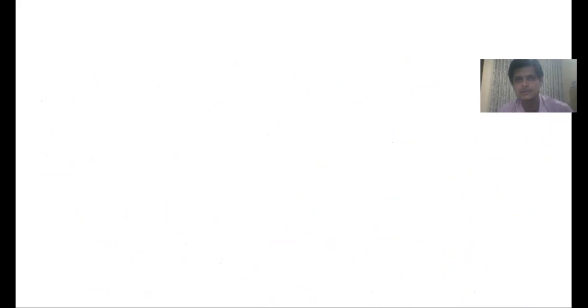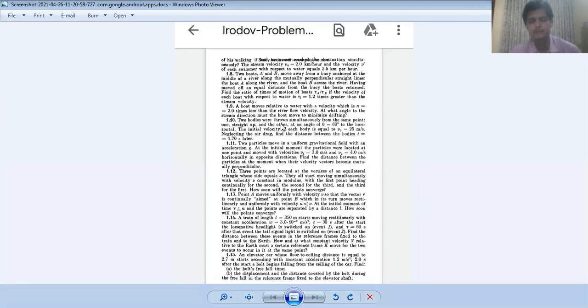You see, the question is given as: an elevator car whose floor to ceiling distance is equal to 2.7 meter starts ascending with constant acceleration 1.2 meter per second square. 2 seconds after the start, a bolt begins falling from the ceiling of the car. Find the bolt's free fall time, the displacement and distance covered by the bolt during the free fall in the reference frame of the elevator shaft.